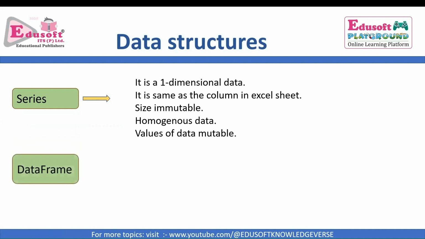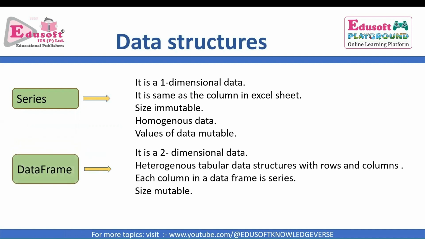Coming to DataFrame. It is a two-dimensional, heterogeneous tabular data structure with rows and columns. Data is aligned in a tabular fashion in rows and columns in a DataFrame. Each column in a DataFrame is a Series. Its size is mutable.